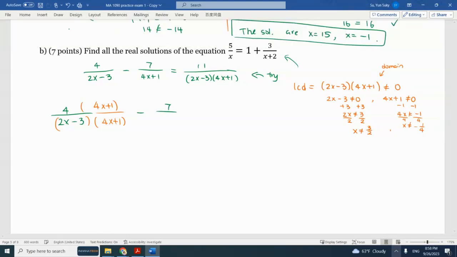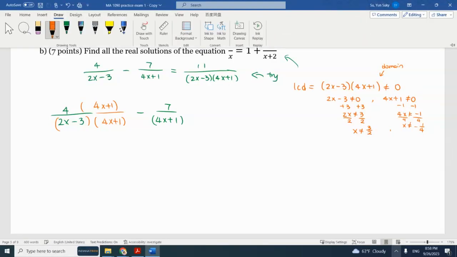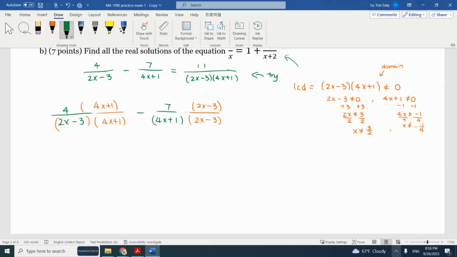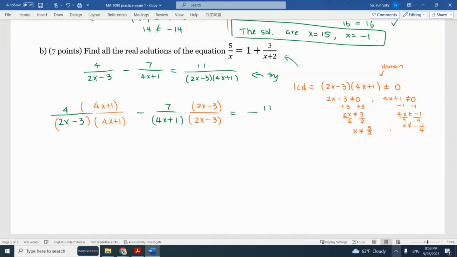Second term, 7 over 4x plus 1. And here, in order to get the least common denominator, we multiply by 2x minus 3. And that equals the right hand side, 11 over 2x minus 3 times 4x plus 1. So far, so good, everybody?